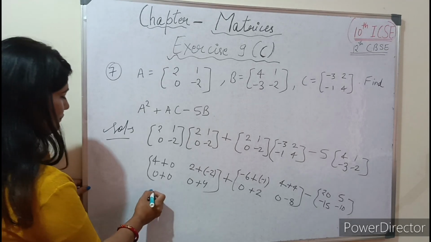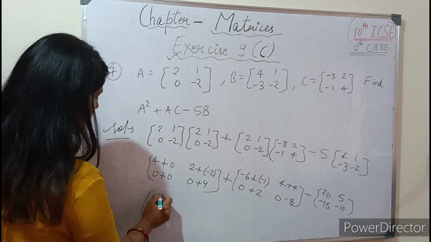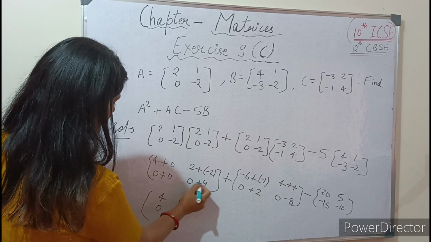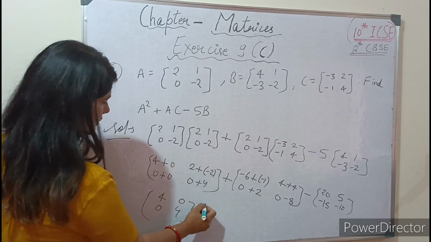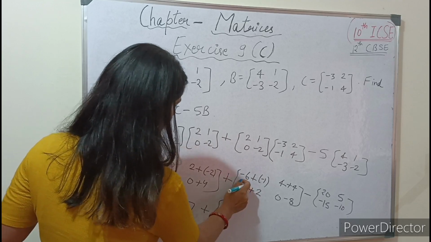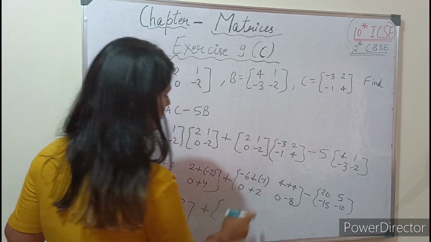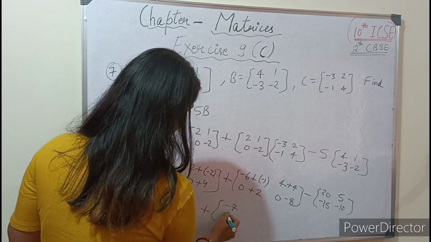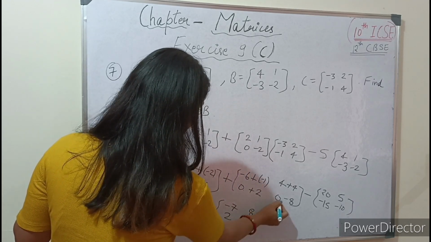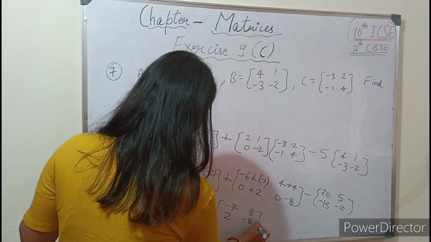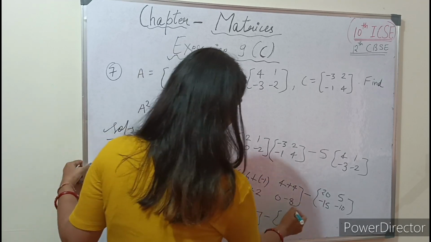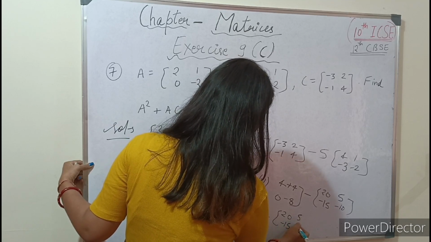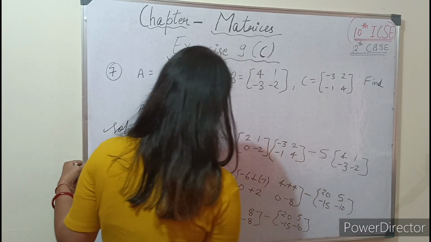So here now next step, 4 plus 0 is 4. This is 0. 2 minus 2 is 0 and 0 plus 4 is 4. Now this one is minus 6 plus minus is minus. So minus 6 minus 1 is minus 7. 0 plus 2 is 2. 4 plus 4 is 8 and 0 minus 8 is minus 8. Now this is 20, this is minus 15, this is 5 and this is minus 10.